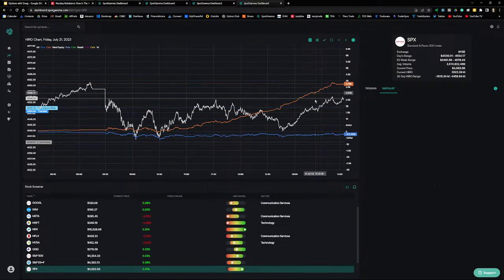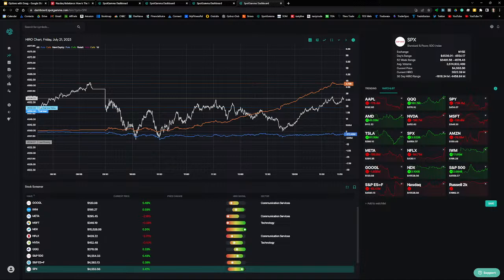About 10:30, some large trader or traders started to buy SPX calls. That's shown by this steady rising orange line, and it looks like that has finally leveled off about 1:45 or so.